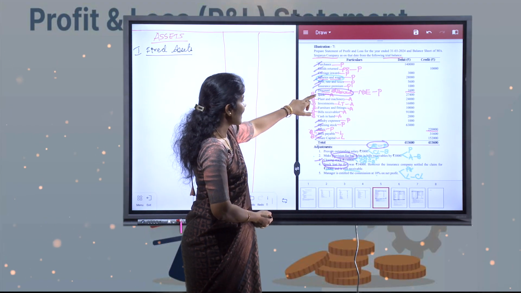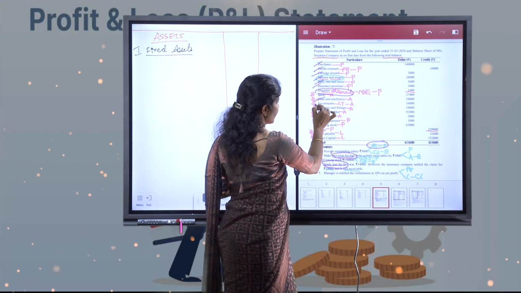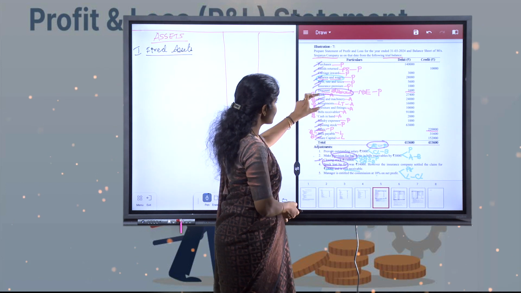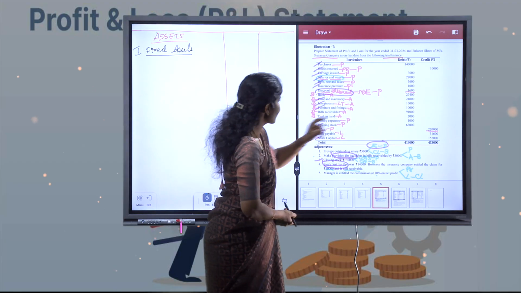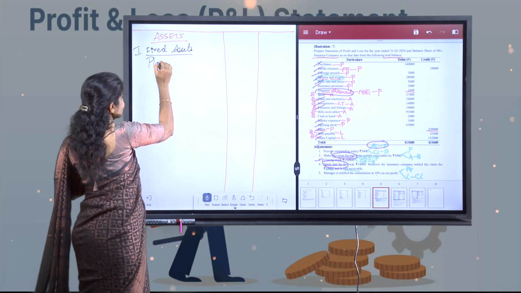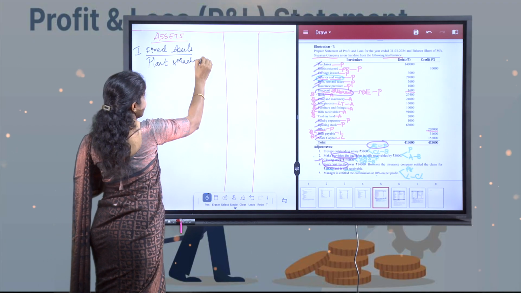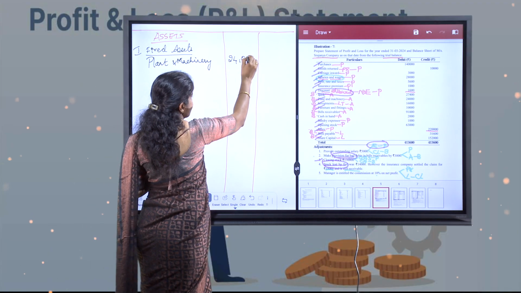Here we have bank, it is a current asset. Plant and machinery, then investment, furnitures and fittings, these three are the fixed assets. Let us take that. Plant and machinery of 24,000.